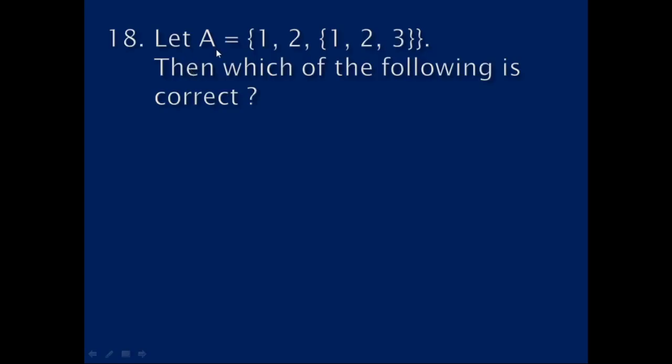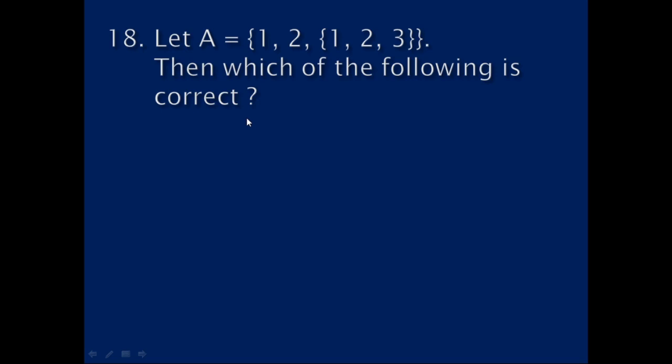Let set A contain the elements 1, 2, and the set {1, 2, 3}. Just say A contains the elements 1, 2, and a set containing 1, 2, 3. It is a single element. Then which of the following is correct? The given options.